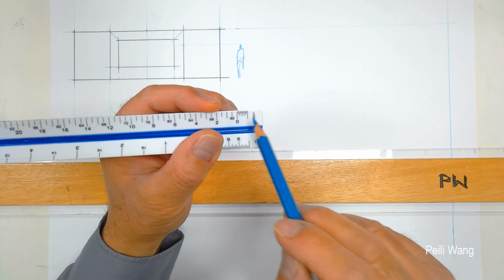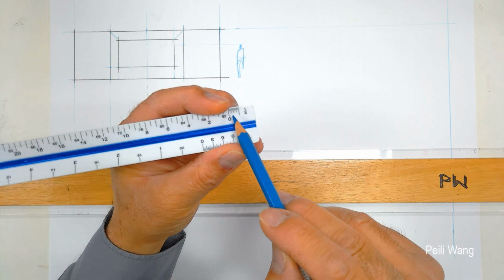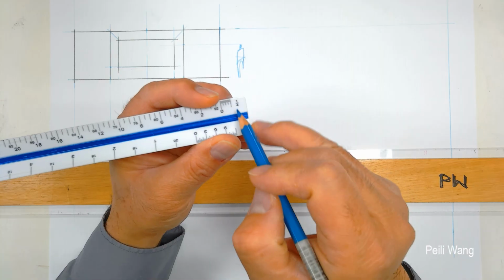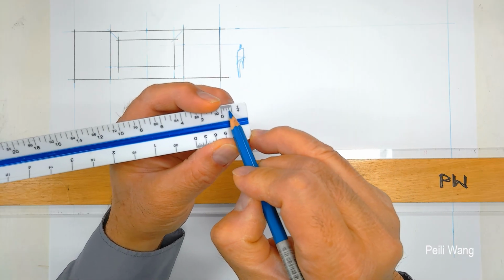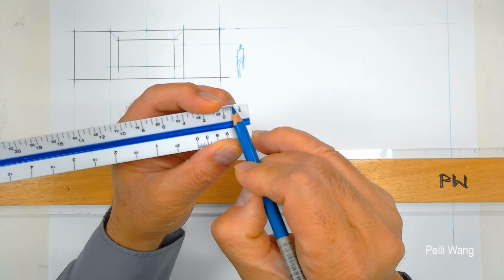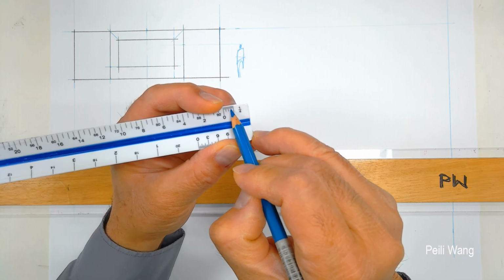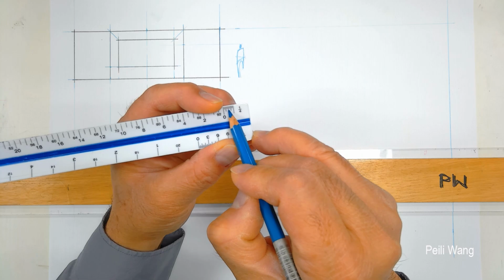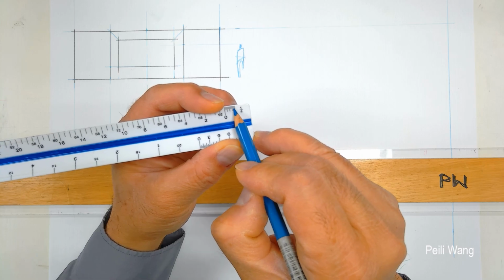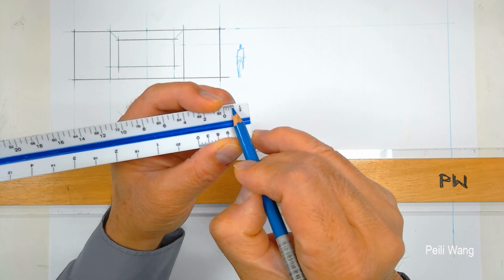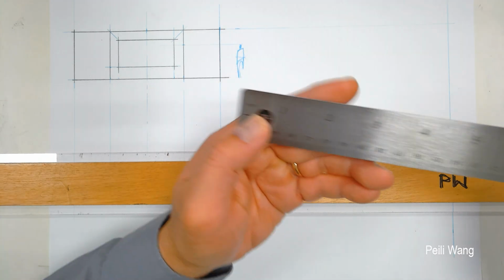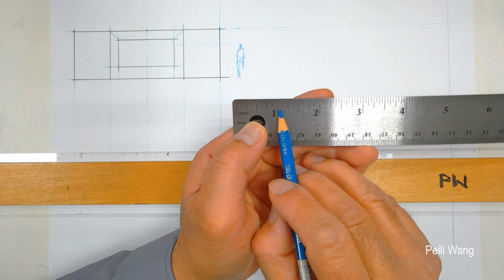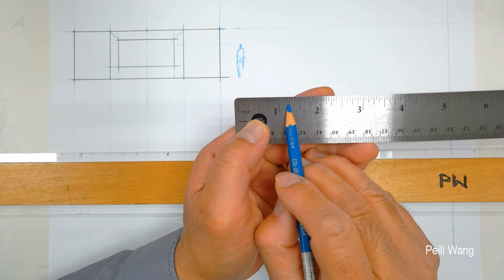Can you read that? So you can see this is a 12 inch. So 6 inch, 3 inch, you can see 2 inch. So divided by 12, 1, 2, 3, 4, 5, 6. If you have a scale, you have no problem to find a 2 inch. If you don't have a scale, from my ruler, you can estimate.